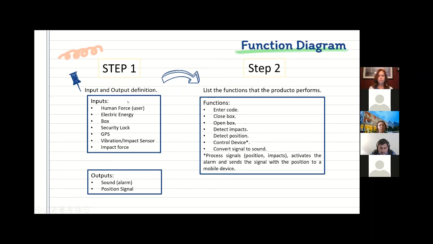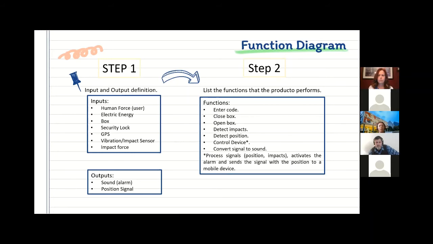Entonces, en esta parte nosotros vamos a tener, en el primer paso, definimos las entradas y las salidas. Es decir, en la parte del sombrero mágico, lo que salía era el conejo y lo que entraba eran las rosas.